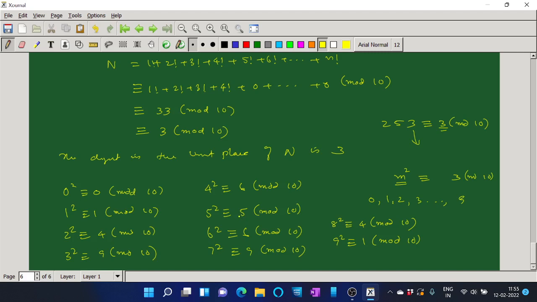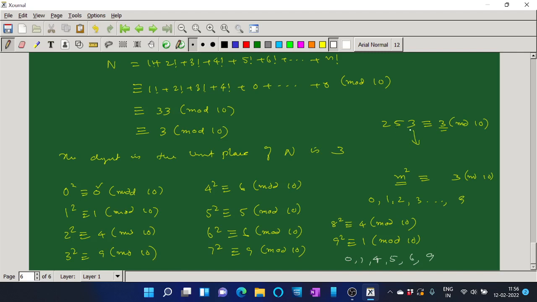Consequently, the square of every integer you take ends in either 0, 1, 4, 5, 6, or 9. Any number whose square you take ends only in 0, 1, 4, 5, 6, 9.